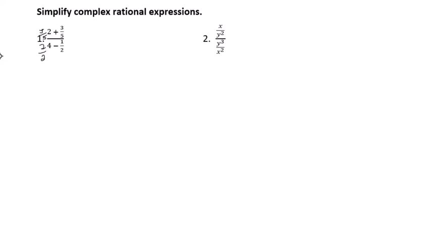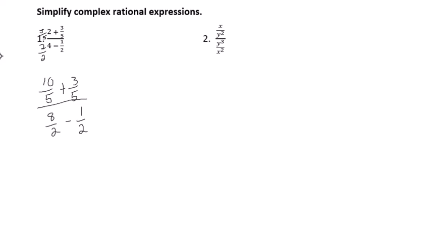And so 5 times 2 is 10 over 5 plus 3 over 5 divided by 8 over 2 minus 1 over 2. So 10 divided by 5 is 2, so that's what we started with. 8 divided by 2 is 4, and that's what we started with.